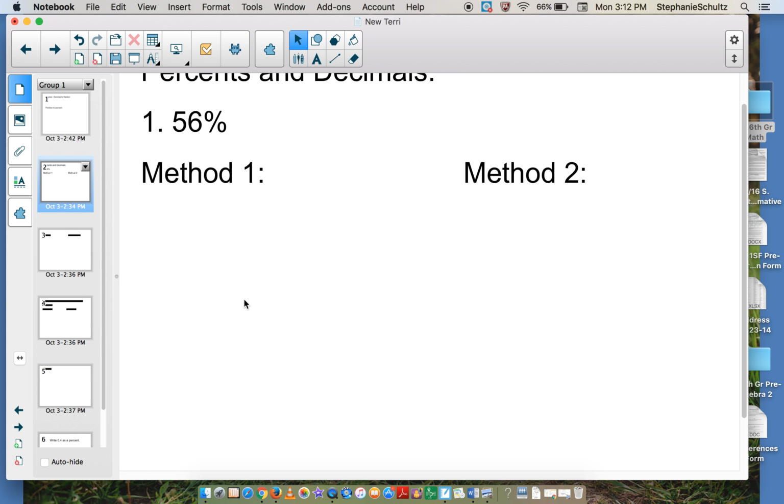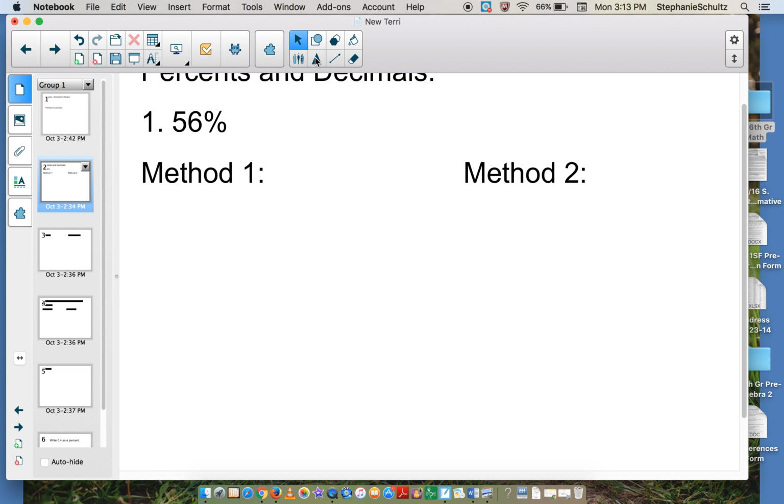There are two different ways that we're going to learn today. Method 1, which kind of gives us an idea of what we've done and how it relates to now. And method 2, which is a little bit quicker. And you're going to be able to choose whichever option you prefer. So we're going to start with method 1, 56%.